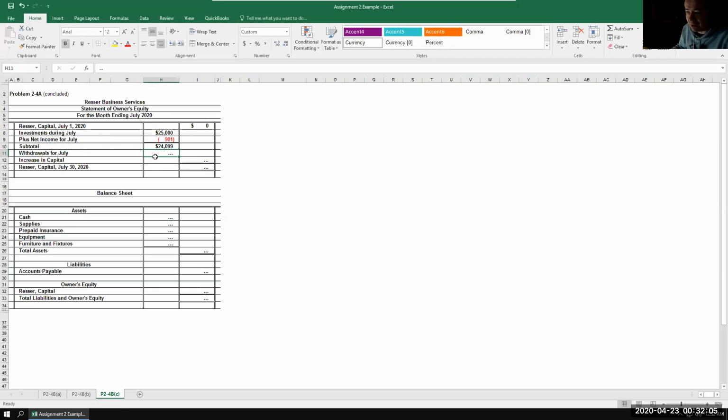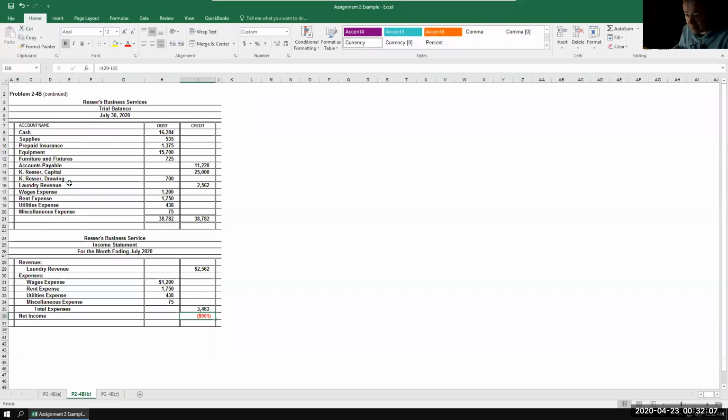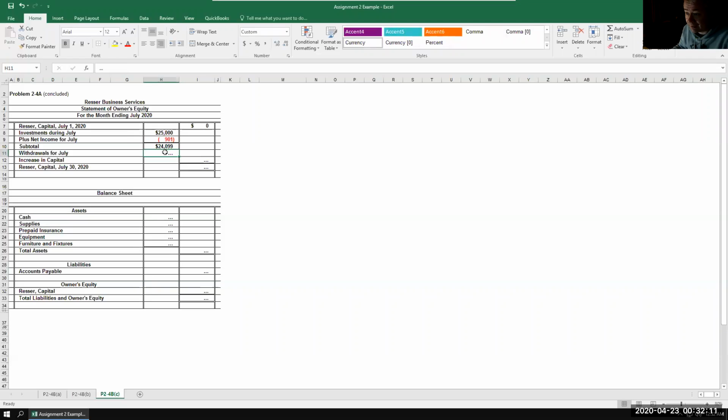Okay, so things have gone down a little bit, but then we have to take care of our withdrawals. And if we go back to our trial balance, the drawing took out $700. So now we're going to subtract another 700. Okay. So now we subtract out the 700 for withdrawals and our increase in capital.